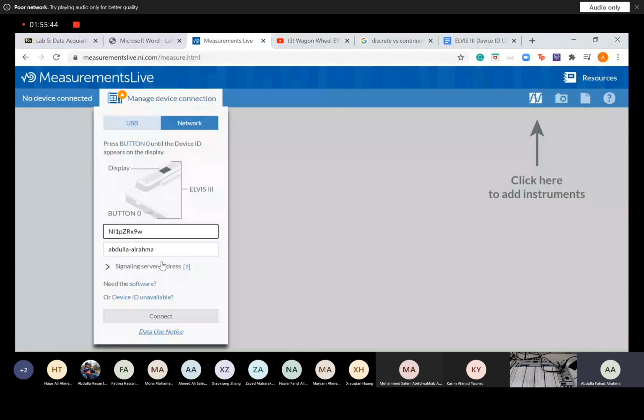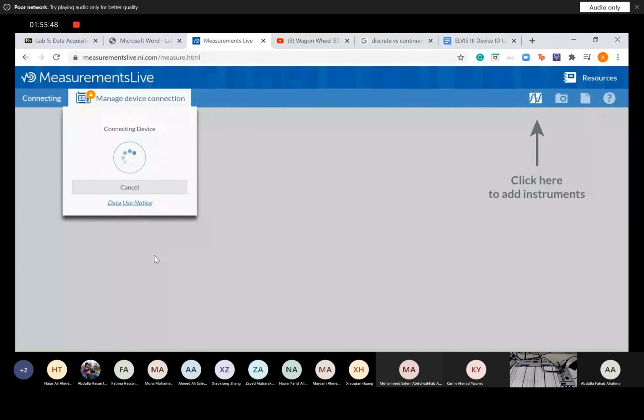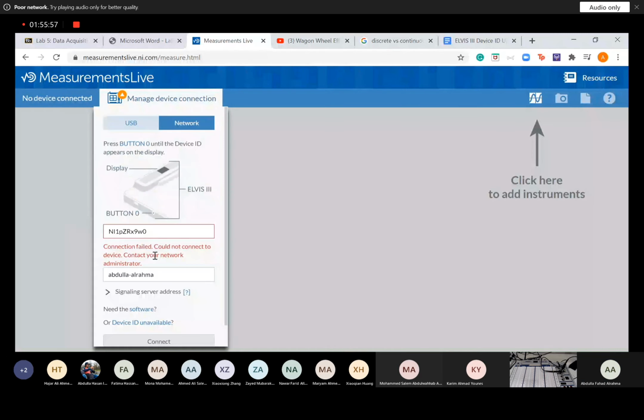Okay, your name, can you put Abdullah Rahman. Then connect. Limit? No, I don't think so because I tried this before. Okay, can you put another ID? Let's try the second ID. So the second ID currently is this one.